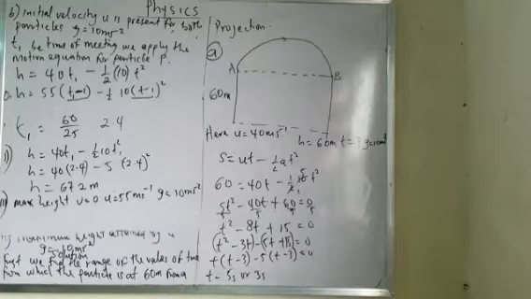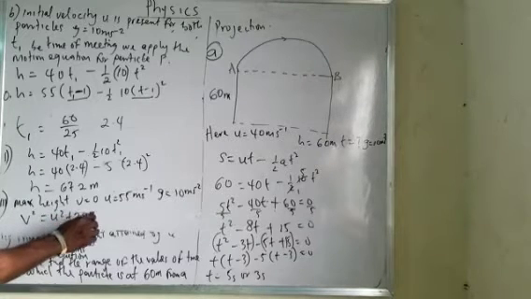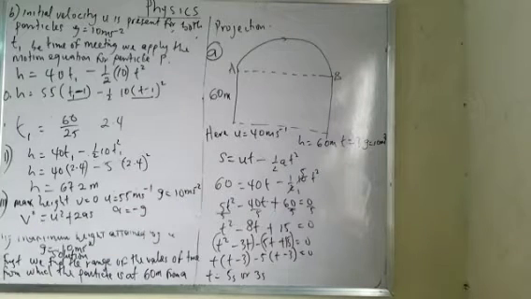We can say that V squared equals U squared plus 2AX. Now, my A is negative, because we are going upward.